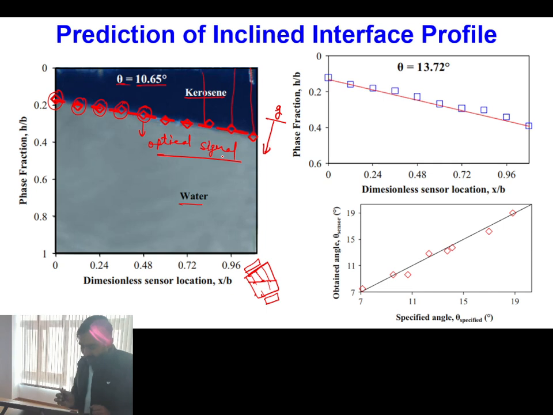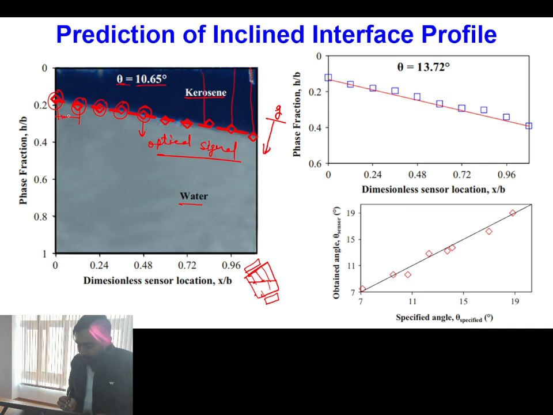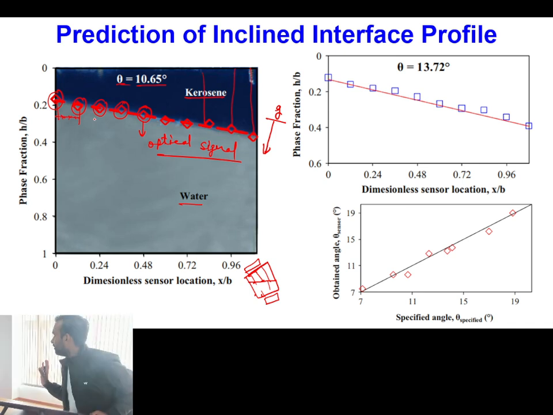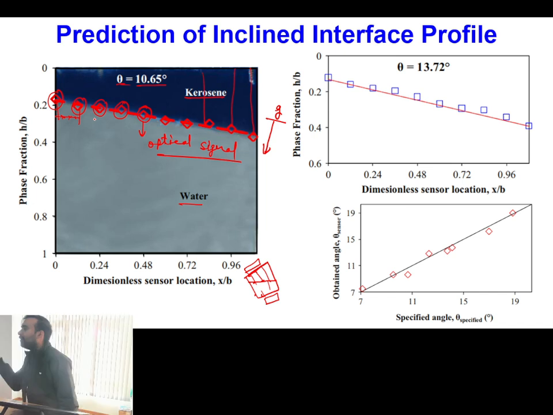Now if your interface is straight and you have 10 points, then you can simply use linear interpolation between two points to know the interface boundary between them. Because if we are working with straight interfaces, then between two data points I can simply join a straight line.